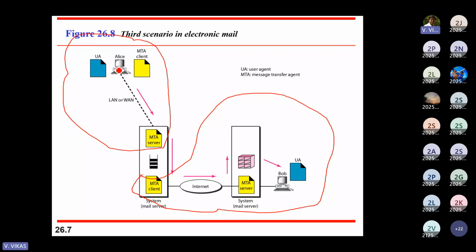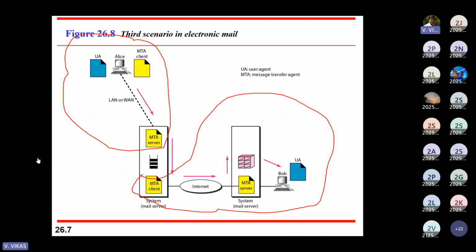So basically, we have been discussing that the user agent is not directly responsible for moving the information from one location to another location. We are just considering that we require the help of the message transfer agent. So when we consider the third scenario, we require two user agents. Previously, for the second case, we said a pair of MTA client and server, but now we are saying two pairs of MTA client and server.